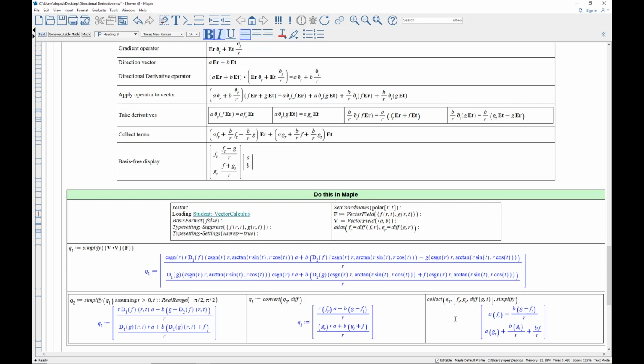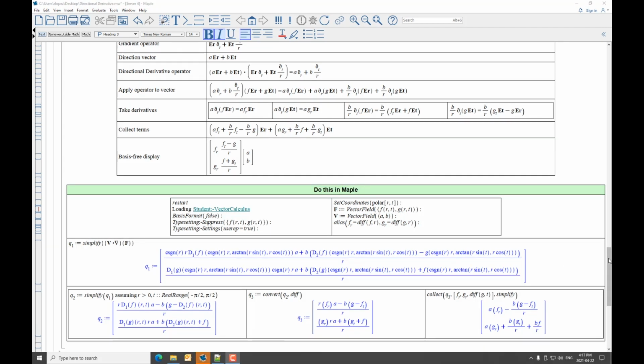And if we collect, it's even easier then to read, because you can see here f_r, there's your f_r, here's your g_r, and you've got f_theta minus g, here's the minus sign, over r. It's this term, and this is f plus g_theta over r, and the a and the b will be over here as a column vector. So you can do this in Maple in the symbolic case. Here's one way to do it.